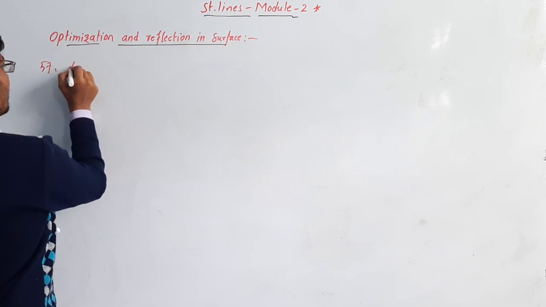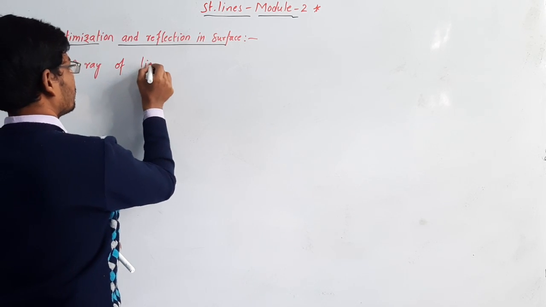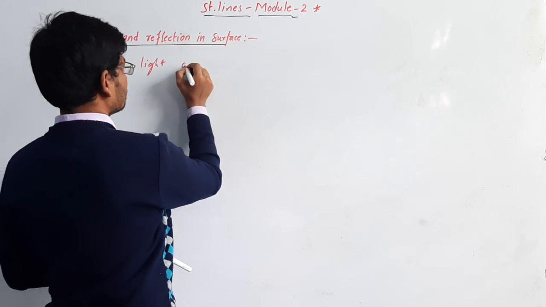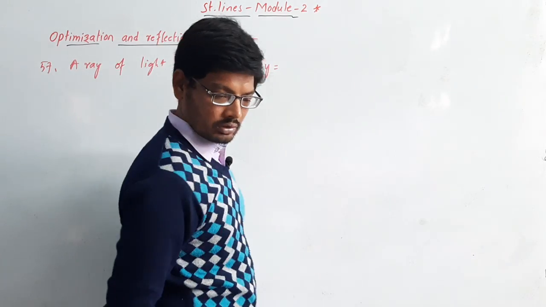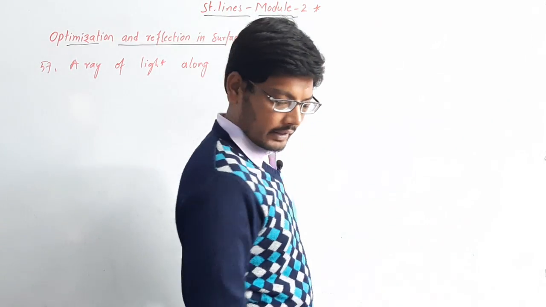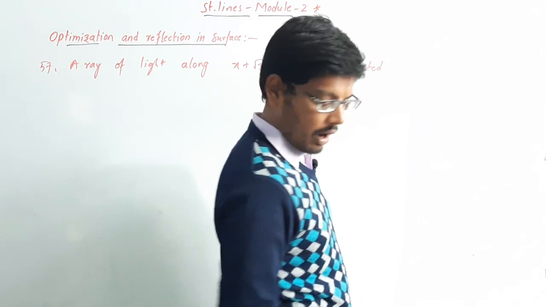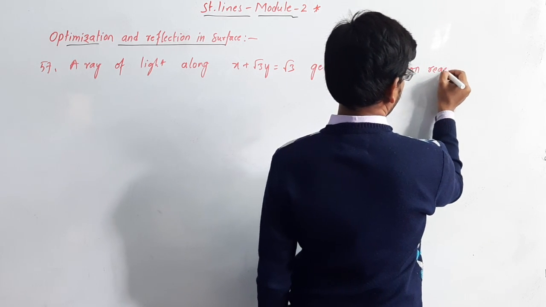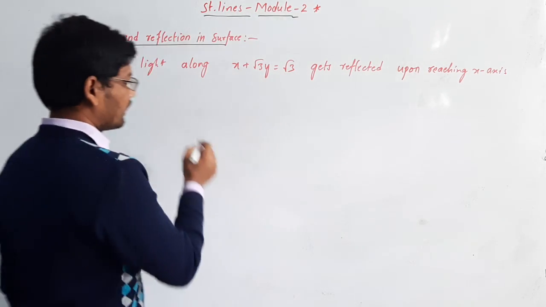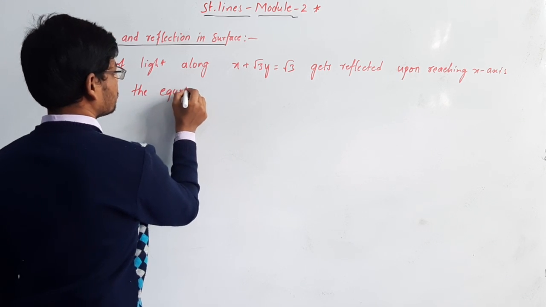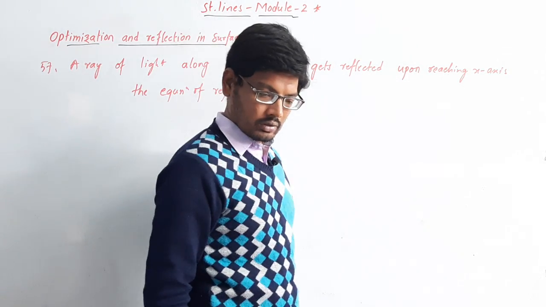We are going to discuss 57. The question is: a ray of light along x plus root 3y is equal to root 3 gets reflected upon reaching the x-axis. What is the equation of the reflected ray, he is asking.